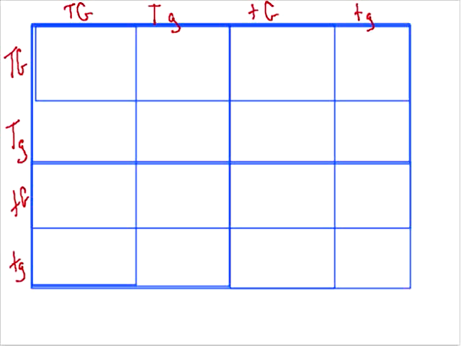I then fill in the square. Big T, big T, big G, big G. Big T, big T, big G, little g.